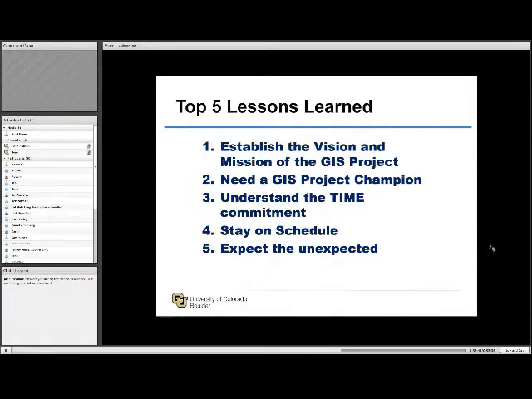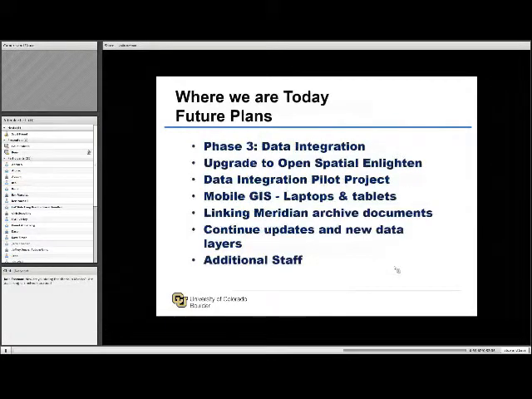So what you're doing now is you've captured your base information, and then you start using that in a more intelligent way. Things like being able to get area analysis on the fly on top of your maps, being able to drill down into multiple databases and get the information, and then have that linked to documents, where if you click on the link, you can open up that particular document.